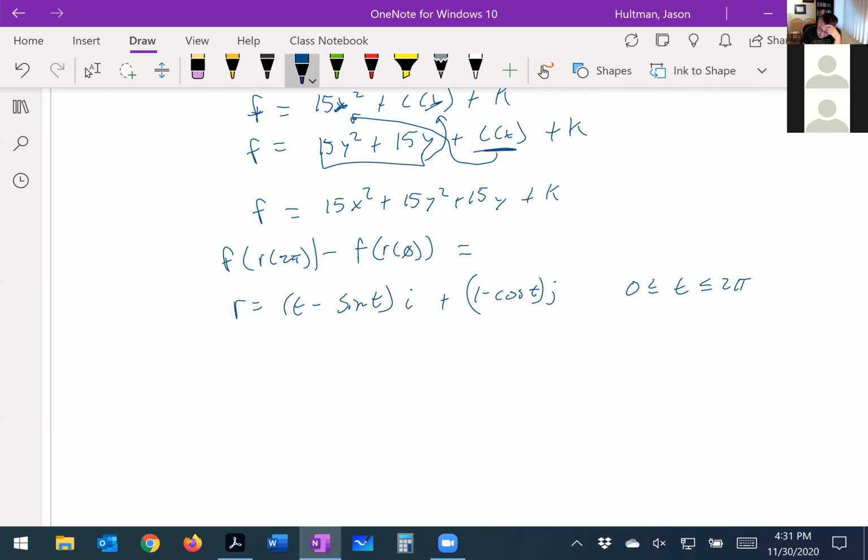So plug in 2 pi here. This is going to be 2 pi minus the sine of 2 pi, which is 0, plus 1 minus the cosine of 2 pi, which is negative 1, right?